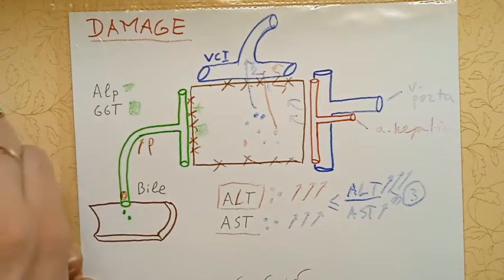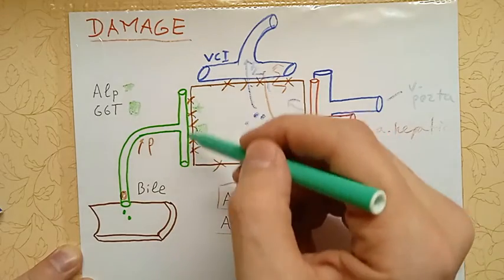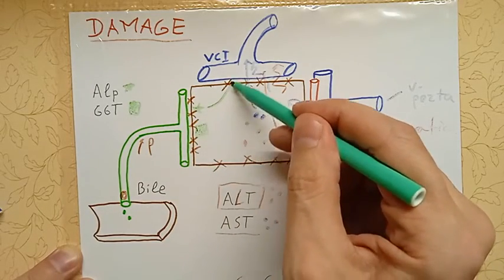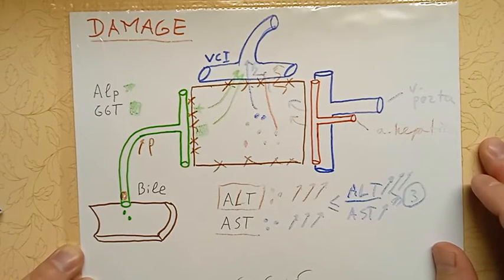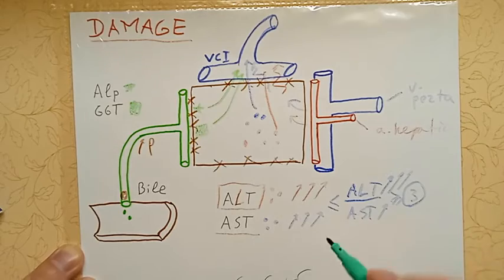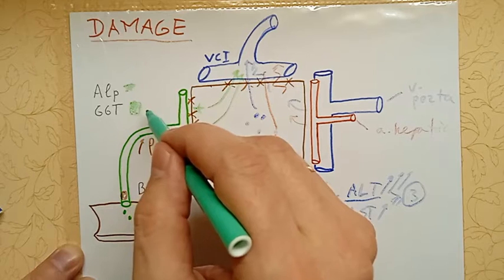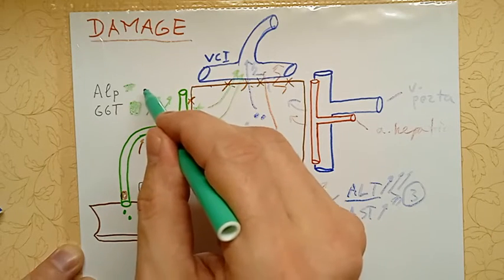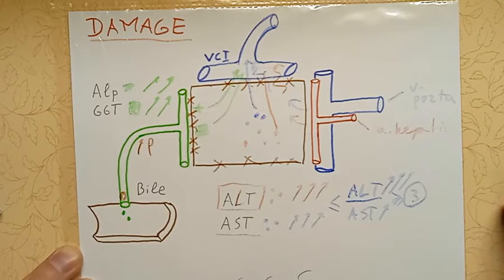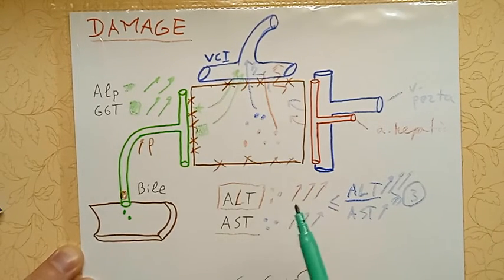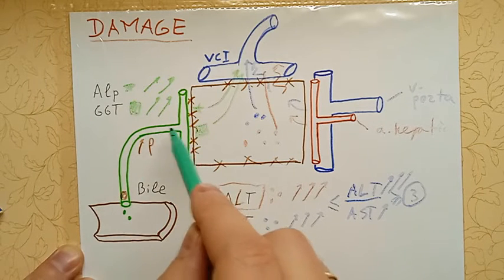That's why enzymes that are located here, especially only here, will go to the blood circulation. So if you take a blood test and find out that concentration of GGT and ALP are rising, it means that the damage of the liver happens due to the pathological process that happened in the bile tract.